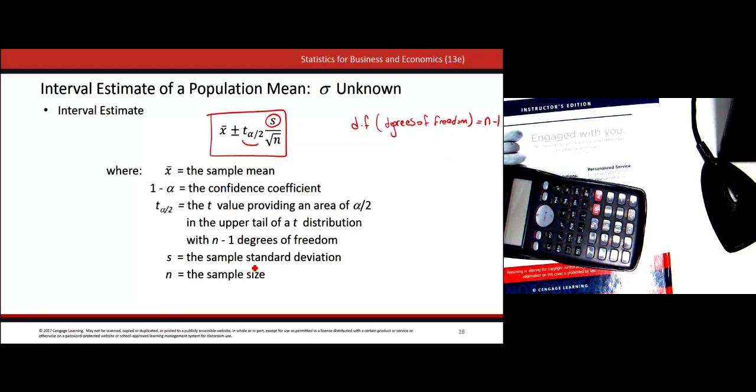How do we calculate the standard deviation? The standard deviation may be given in the problem, or you may be given the data.